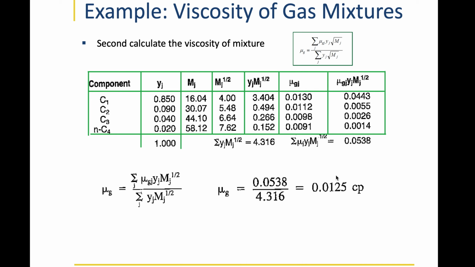So the viscosity becomes 0.0125 centipoise. This is the viscosity of the gas at 200 degrees Fahrenheit and atmospheric pressure. So this is the first step.